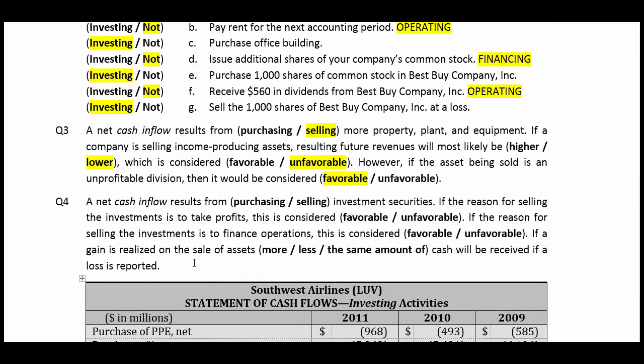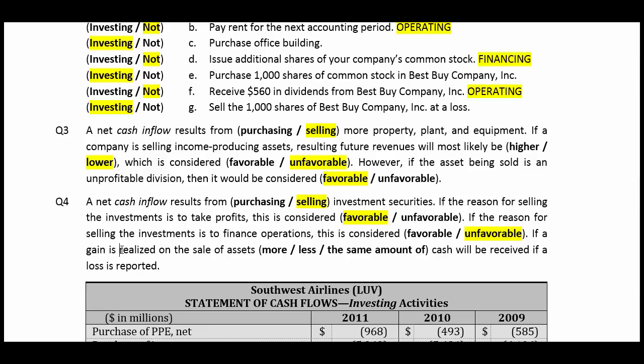A net cash inflow results from selling investment securities. If the reason for selling the investments is to make profits, then this is considered to be favorable. If the reason for selling the investments is to finance operations, then this is considered to be unfavorable. Your operations are losing money, so you have to sell your investments.